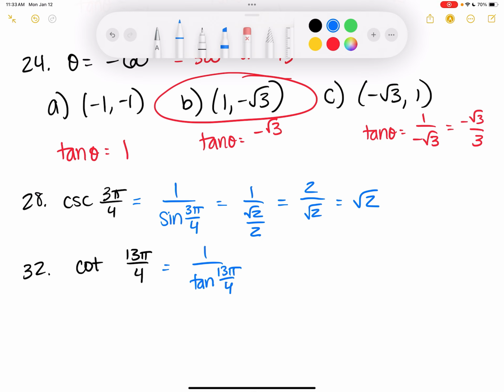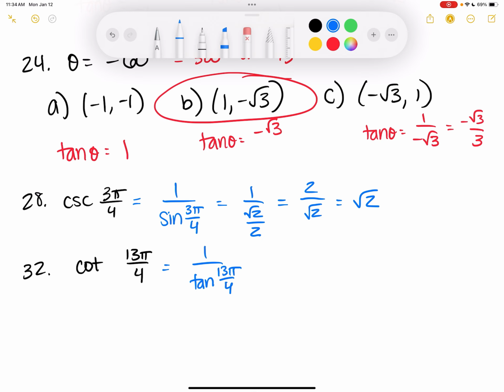I'm not going to count every single little pi over 4, but all the way around one full time is 2 pi or 8 pi over 4. So now I'm going to start counting to 13 pi over 4. I'm at 8 pi over 4 after one full time around. So this is 9 pi over 4, 10 pi over 4, 11 pi over 4, 12 pi over 4, 13 pi over 4, which is the same thing as 5 pi over 4.